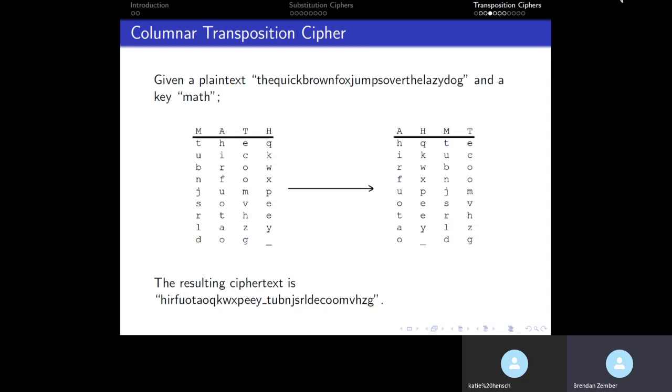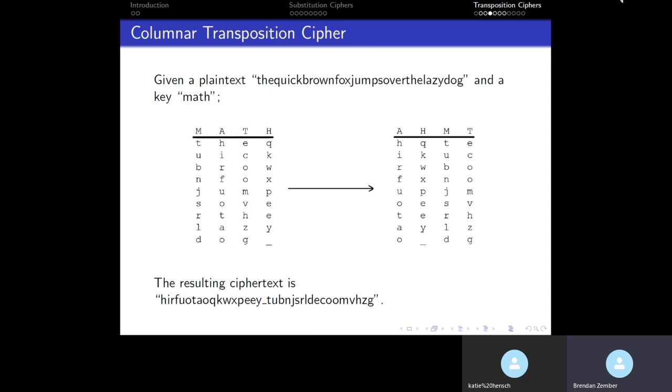H is the second letter, and so we move it to the second column, etc. And then we read off our ciphertext down in the order of the columns. So the first few letters of our ciphertext is the first column of that second matrix, H, I, R, F, etc. And we keep reading down the columns to form our ciphertext.